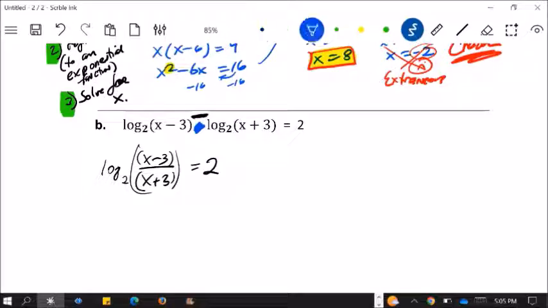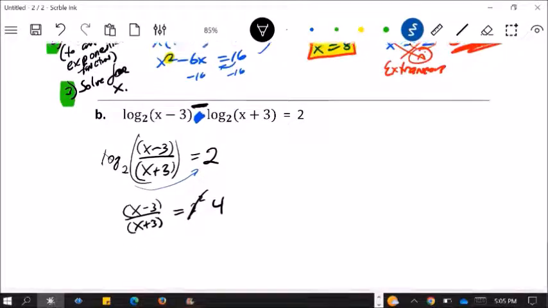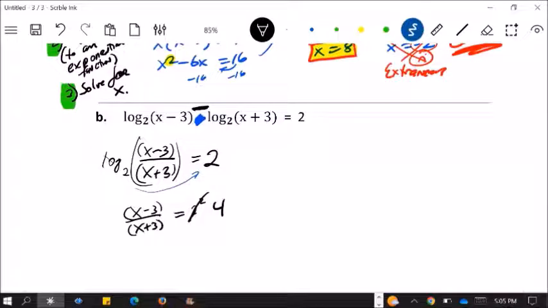Now I'm going to change it to the exponential form and bring that 2 over there. So I get no more log, and I get (x minus 3) over (x plus 3). I'm adding parentheses here to keep them together. And this is 2 squared. 2 squared is actually written better as 4. And now my next step would be to either think of it as cross multiplying, or think of it as using this denominator, and I'm going to multiply both sides by that denominator.